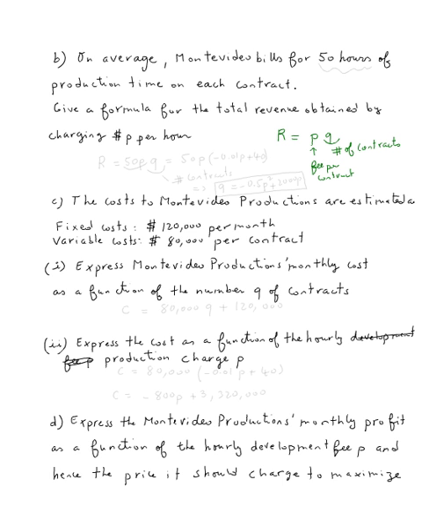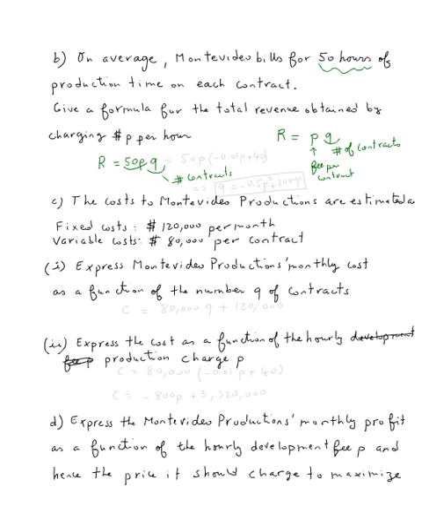But they told us that they're charging 50 hours per contract. So each hour is P dollars, and you need to multiply it by 50, so 50 times P. So the revenue is the number of contracts times the charge of each contract, which is 50 hours times the fee per hour.